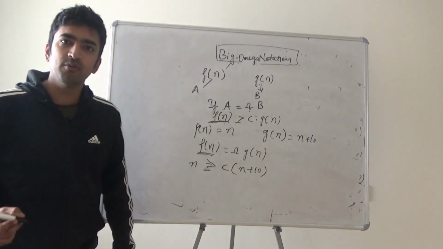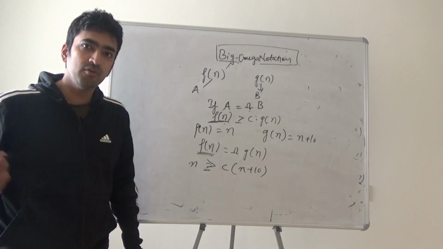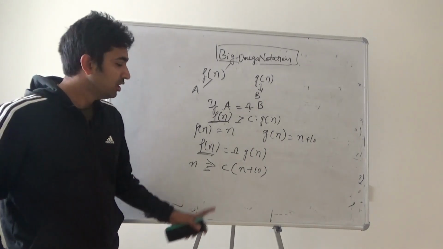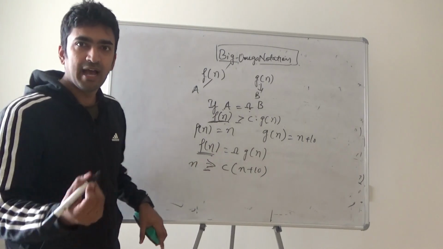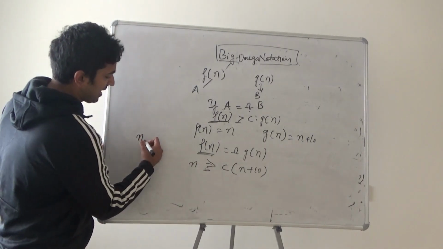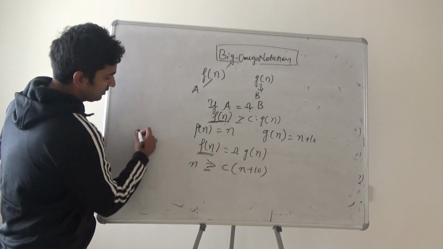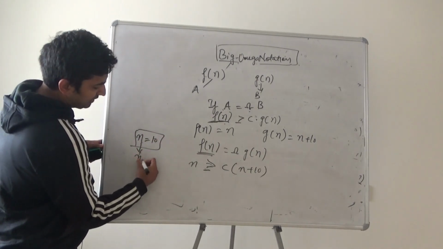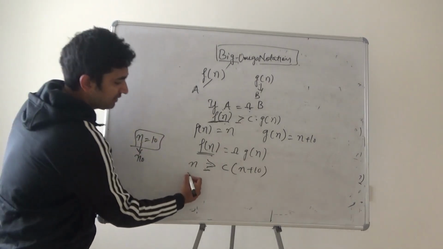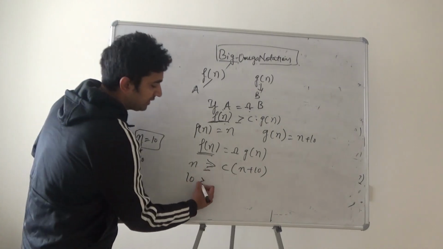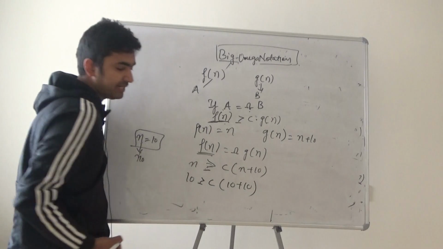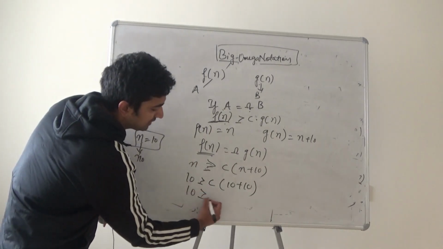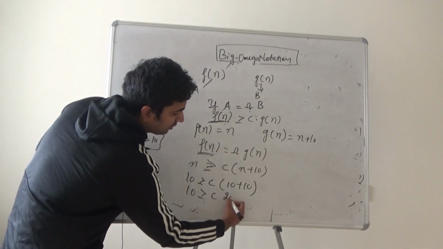Now what should I put as the value of n, and what should I put as the value of C? Again, it's up to us. I can take the n value as 10, so that value of n is represented as n naught. I can take 10 greater than or equal to C times 10 plus 10, so 10 is greater than or equal to C times 20.